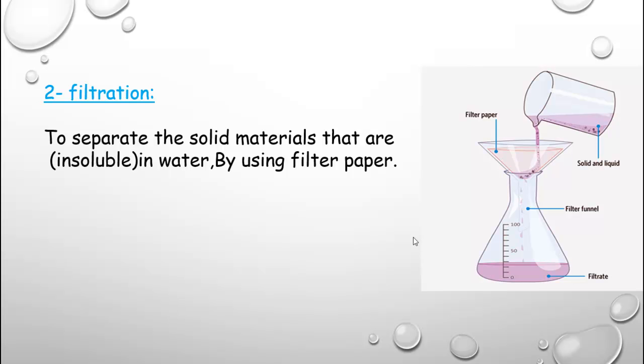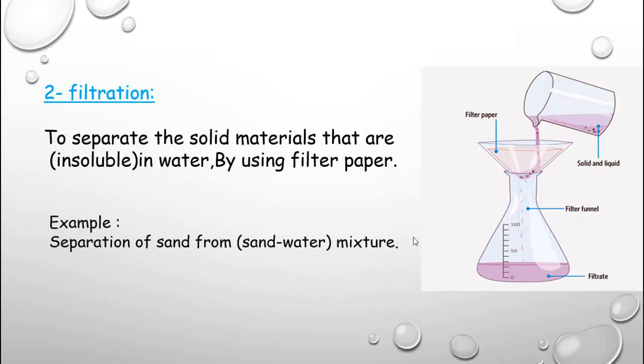Then what will happen? The water will pass through the filter paper, and the clear water, the filtrate, will remain at the bottom of the flask, as you see in the photo. So, example: separation of sand from a sand-water mixture.